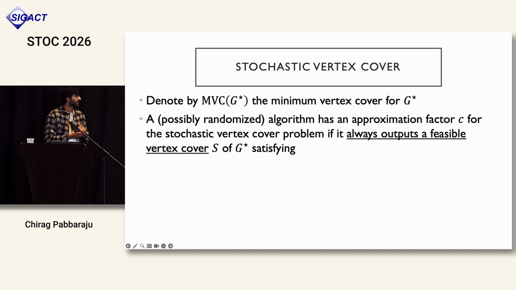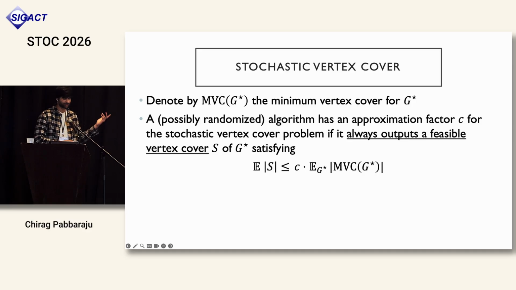So you can never output something that misses out on any edge in the graph. That's a contract. But subject to that, you want to output something that is the least suboptimal compared to the expected value of the smallest vertex cover of the realization.